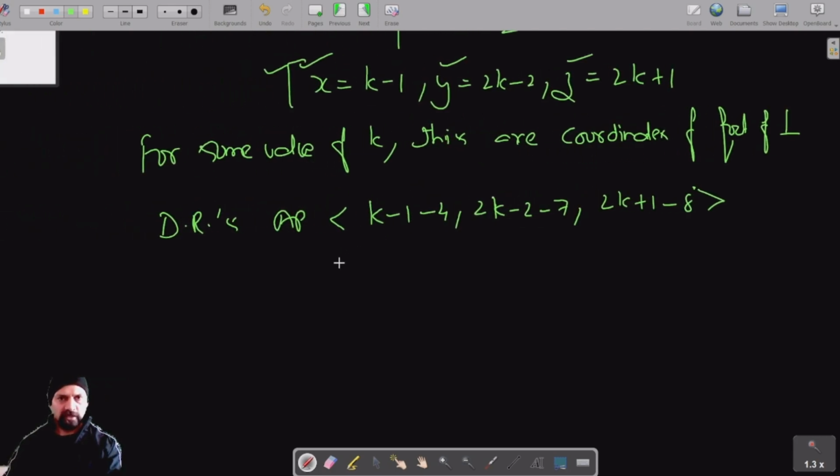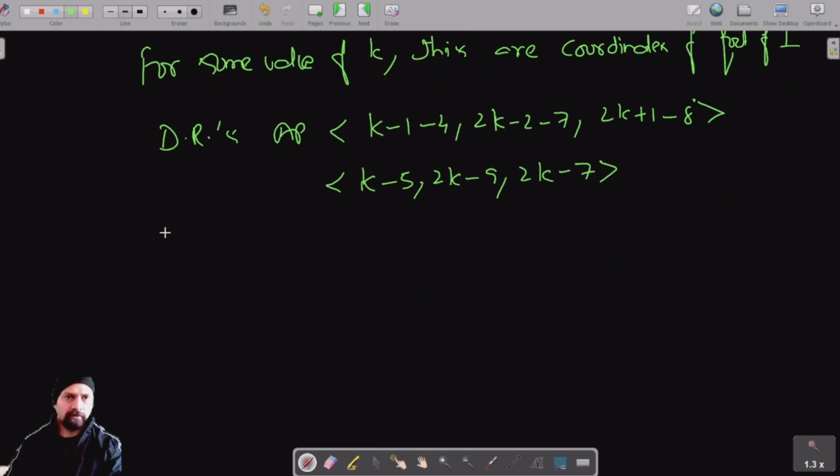So this gives us the direction ratios of AP, which would be k minus 5, 2k minus 9, and 2k minus 7.